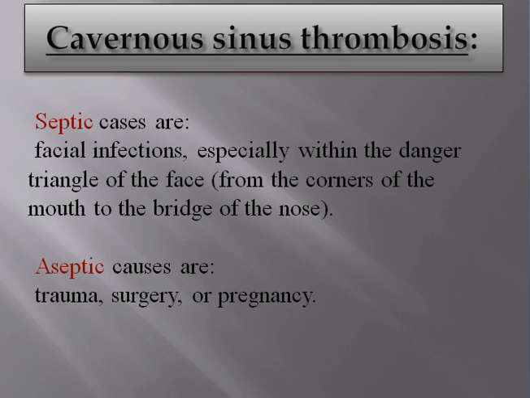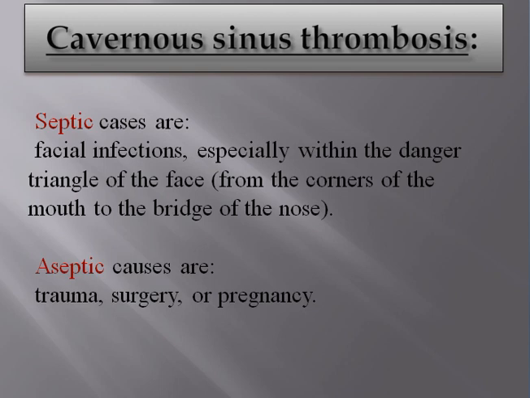So, face and neck, except the danger triangle, which is the nose, nasolabial folds, lips, and chin, are simple furuncles and carbuncles in most cases.